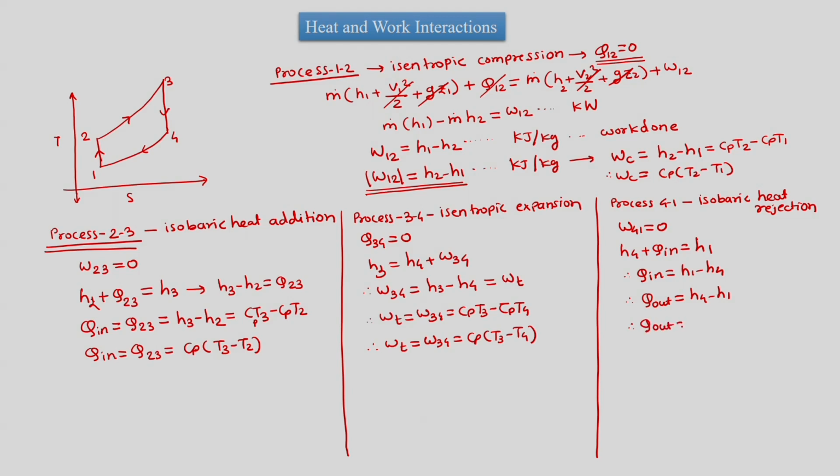Once it is represented in terms of specific heat, it is Cp T4 minus Cp T1. So Qout is equal to Cp into T4 minus T1. So this is how we can find out work and heat interactions in any process for the gas turbine power plant.